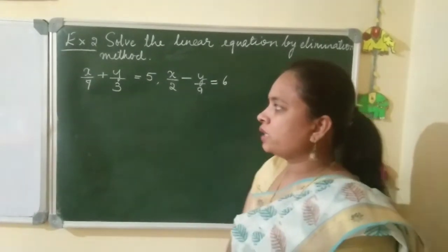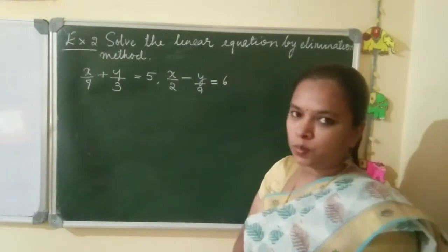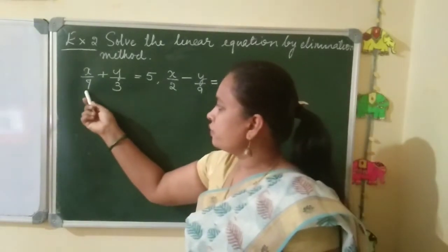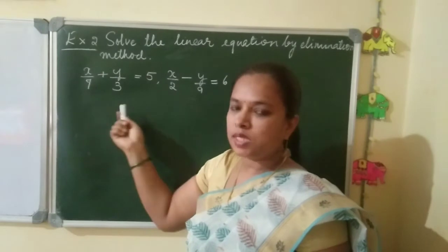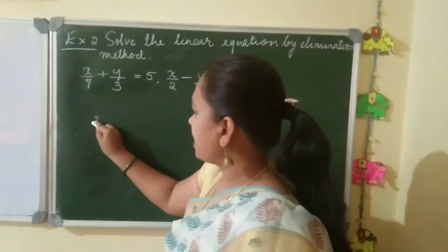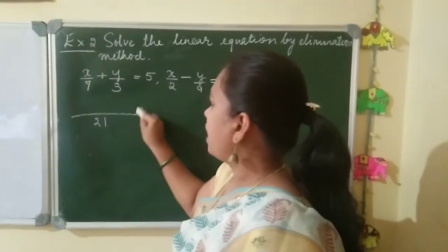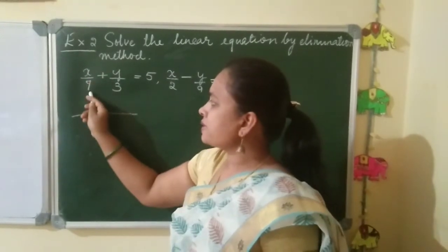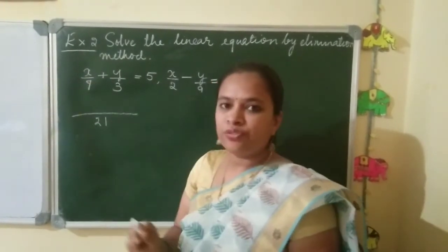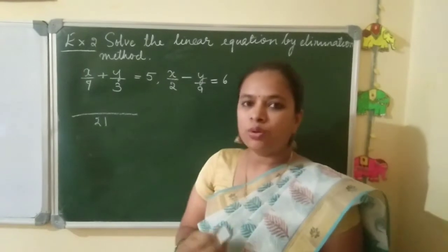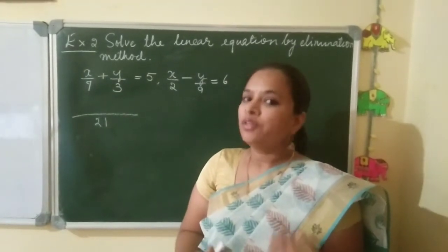First we need to find out the LCM of both the equations. When you observe here, for 7 and 3 the LCM is 21. So I'll just write here 21, and now here you have x and 7. Whenever you find the LCM, you know how to solve the addition of fractions.